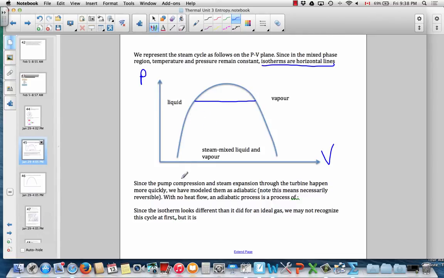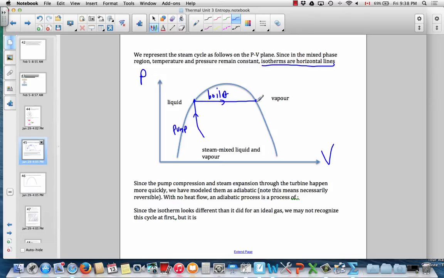Now, since pump compression and steam expansion through the turbine happen very quickly, when we pump up the pressure, it's actually an adiabatic process, so that's the pump. Then we're going to absorb a bunch of energy in the boiler as we change from a liquid to a vapor.